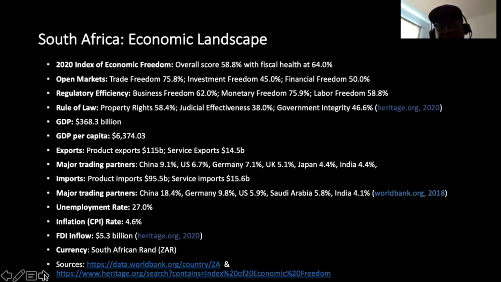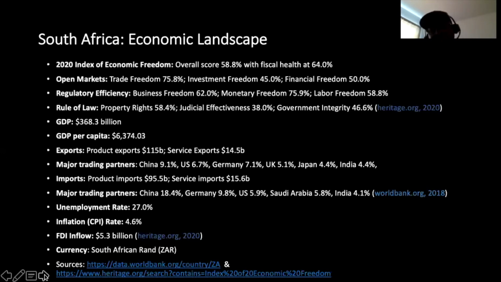Monetary freedom, in terms of exchange rates, is influenced by demand and supply. And then labor freedom: how mobile is the labor, how resilient and well-educated is the labor force, and all that constitutes about 58.8%.